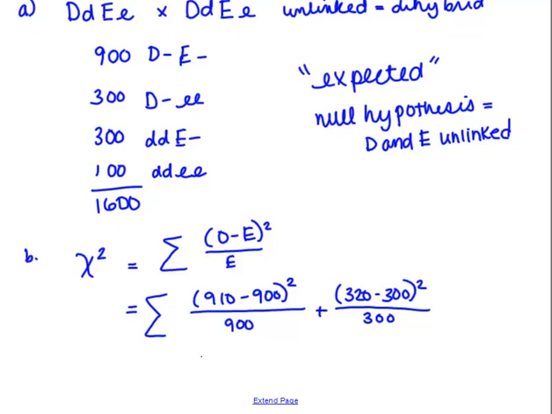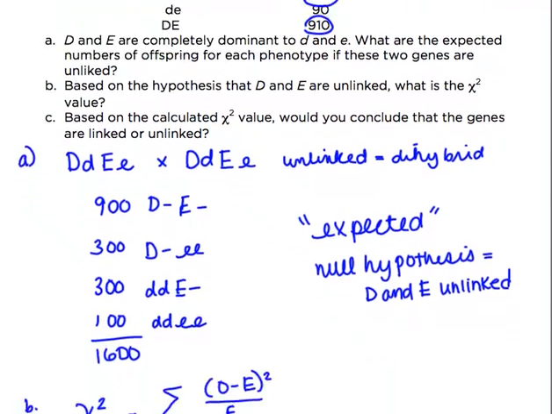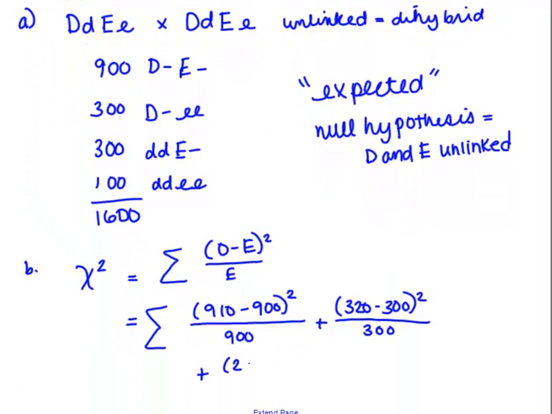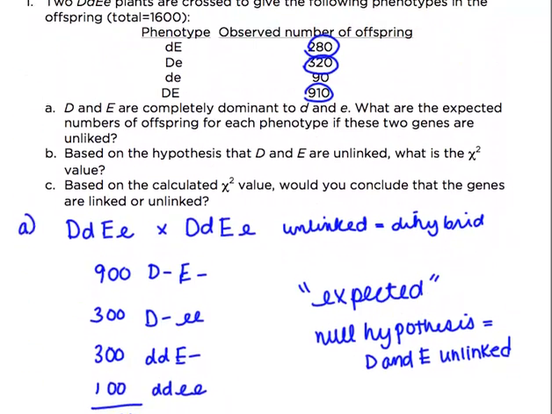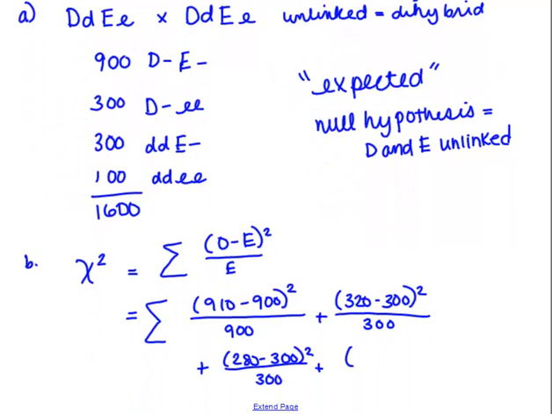For the next class, we have recessive for D and dominant for E, and we see 280, and we expected 300. Square that, divide by 300. And finally, for the last class, where it's recessive for each gene, we see 90, and we expected 100. So divide by 100.